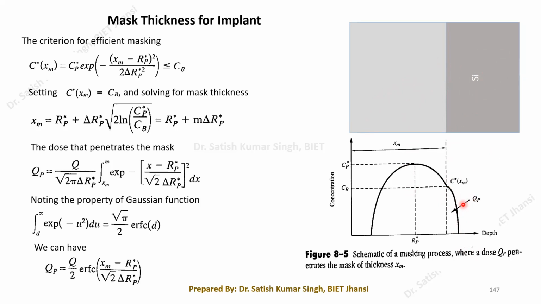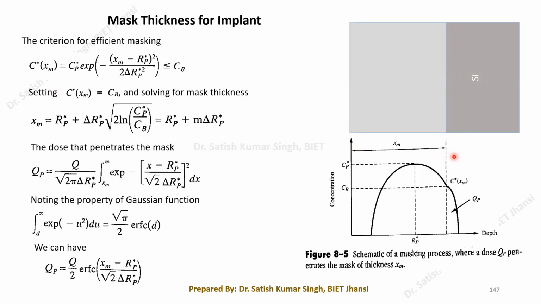For efficient masking, we call the concentration of dopant that has reached the silicon c star xm, where xm is the thickness of your masking layer.